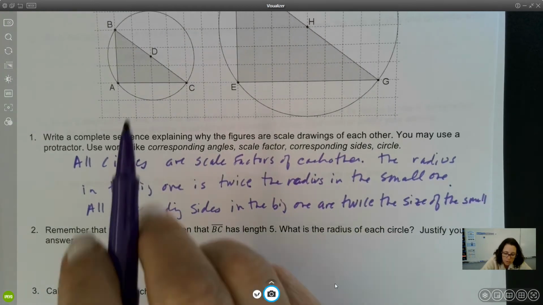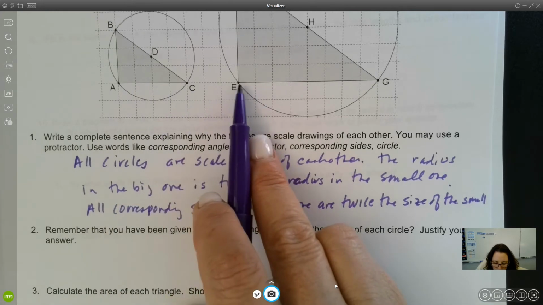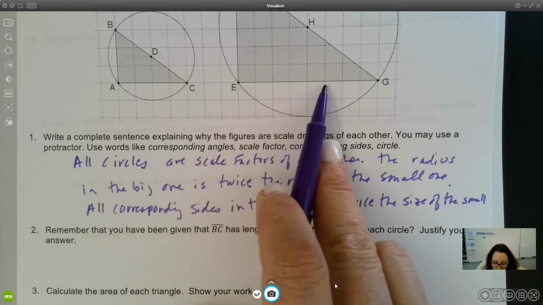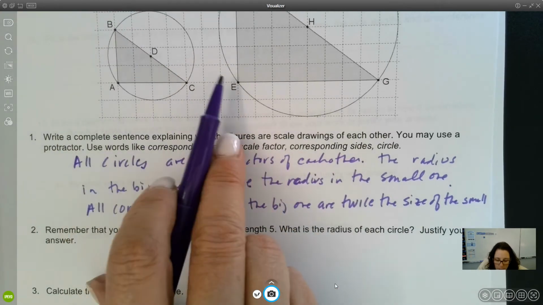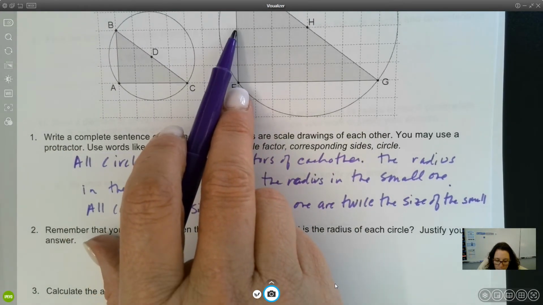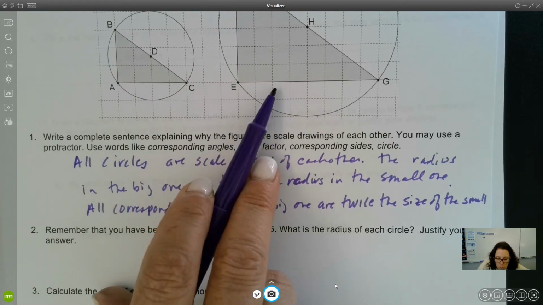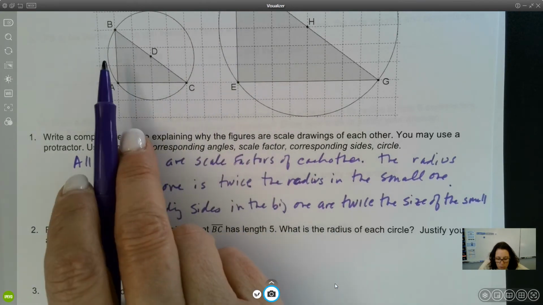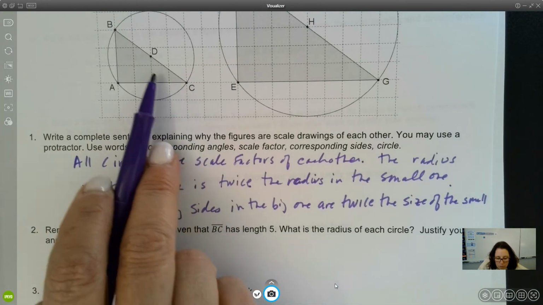Okay, so it's important to see that this side length, 1, 2, 3, 4, 1, 2, 3, 4, 5, 6, 7, 8, 1, 2, 3, 1, 2, 3, 4, 5, 6. So if this is twice as big as this and this is twice as big as this, you can't count.